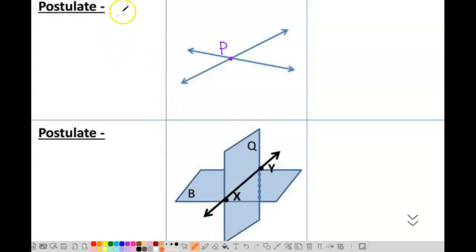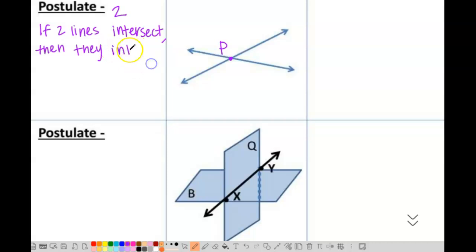So this is postulate number 2. Please write the number. Postulate number 2 says that if 2 lines intersect, then they intersect at exactly one what? Point.